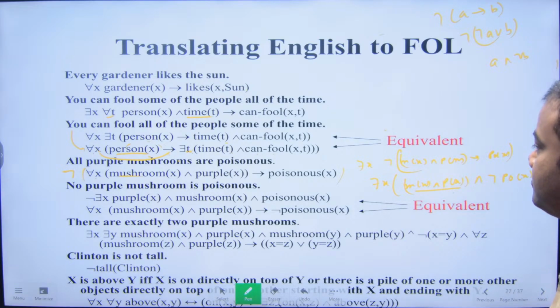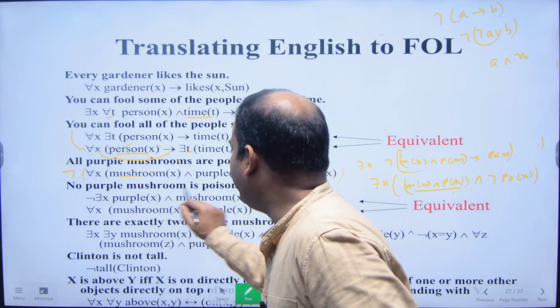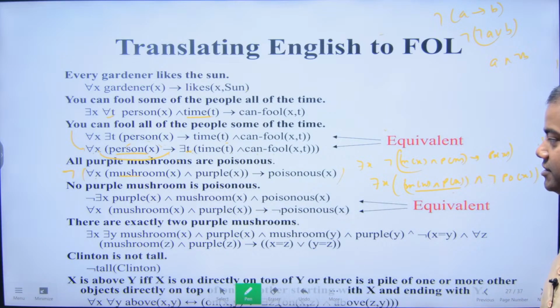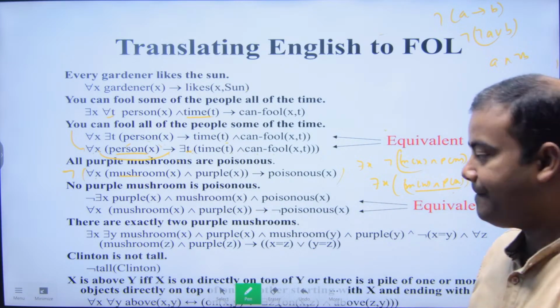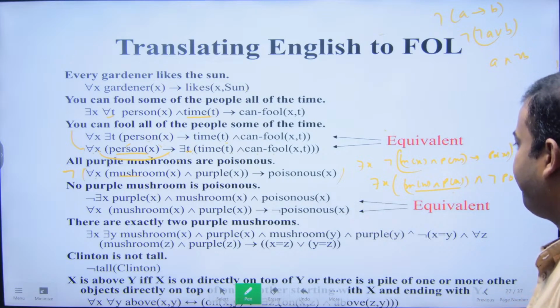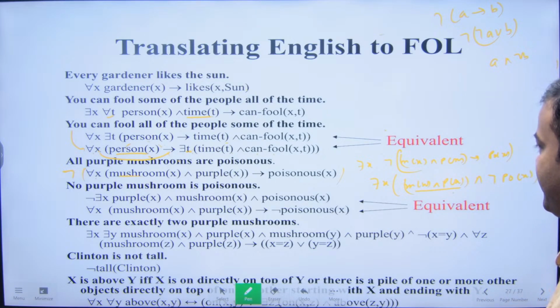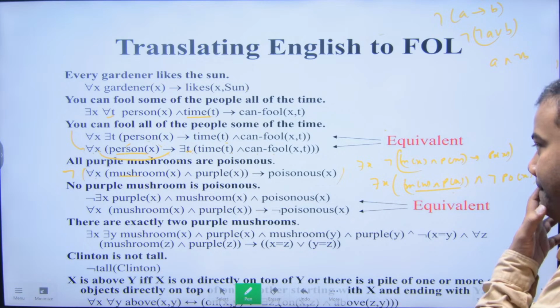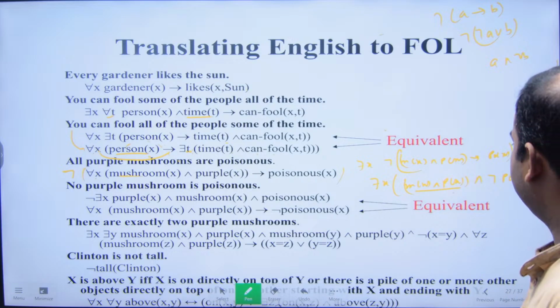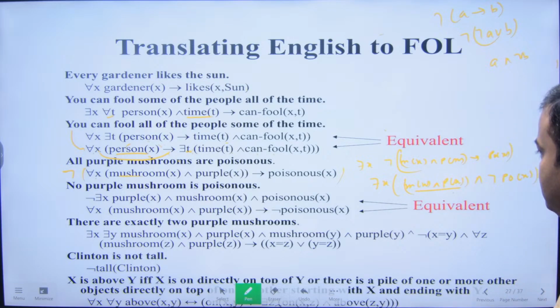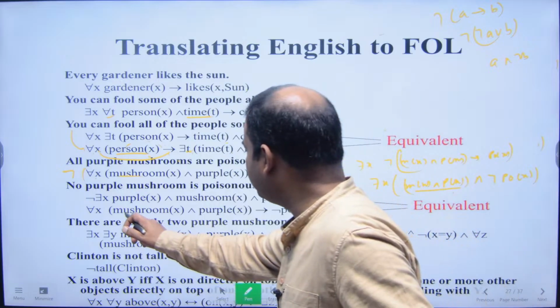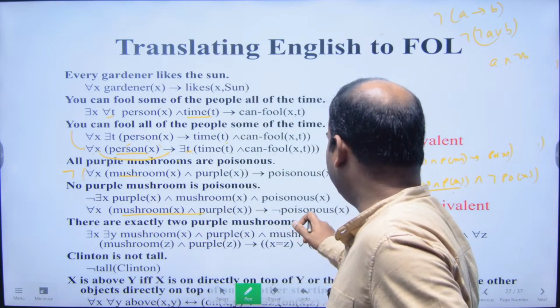Clear? Now, no purple mushroom is poisonous. How to write this? If it is a purple mushroom, it is not poisonous.